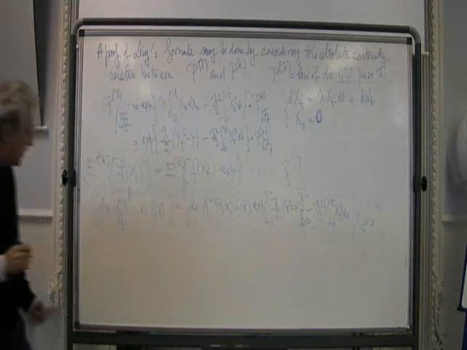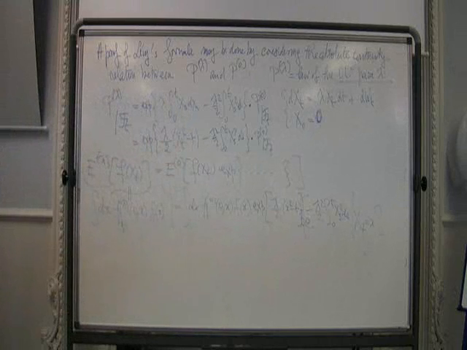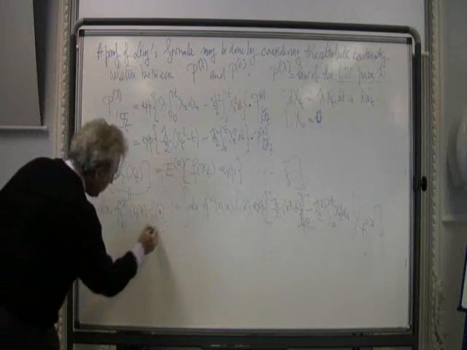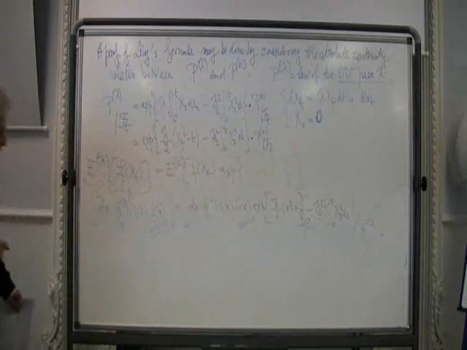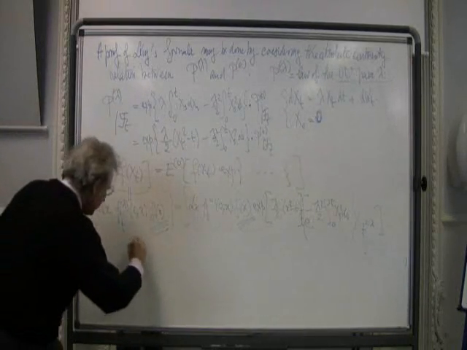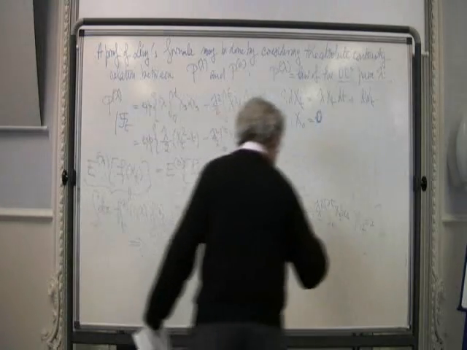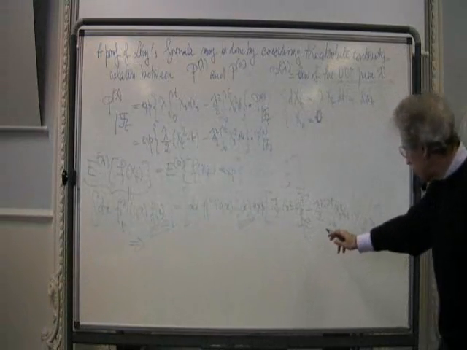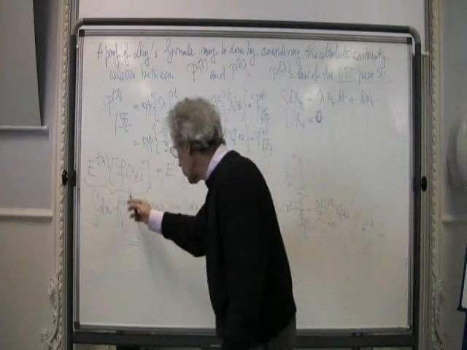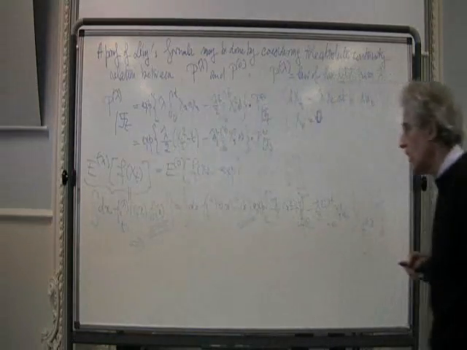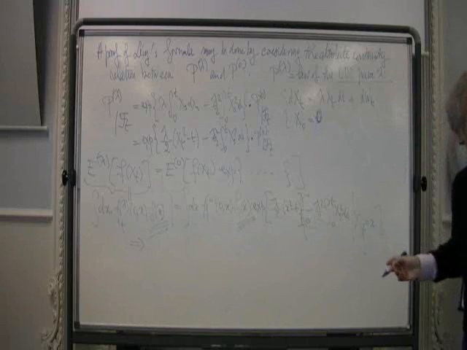Now this equality holds for every test function little f, and so this implies that we have an expression of this conditional Laplace transform in terms of the ratio of the two semigroups. But we know these semigroups.